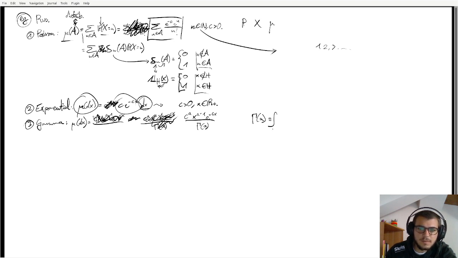It's the integral from 0 to infinity of x to the a minus 1, exponential of minus x, dx.